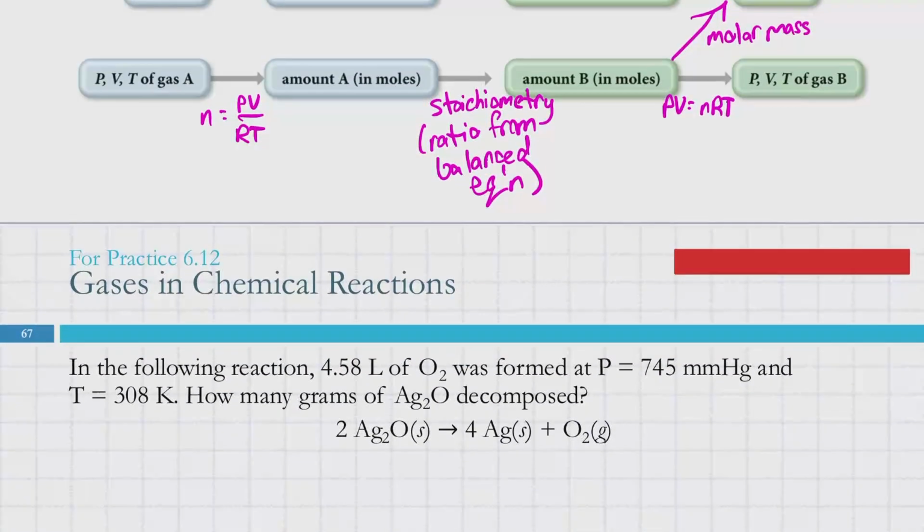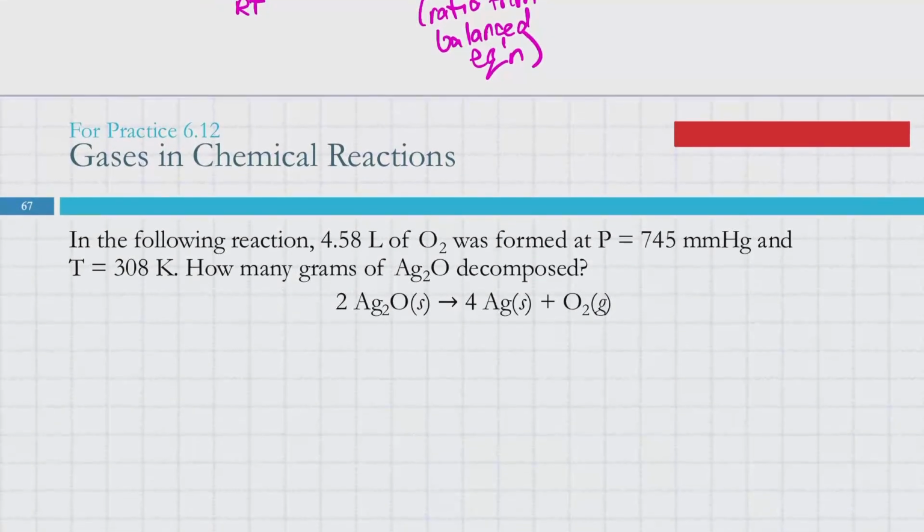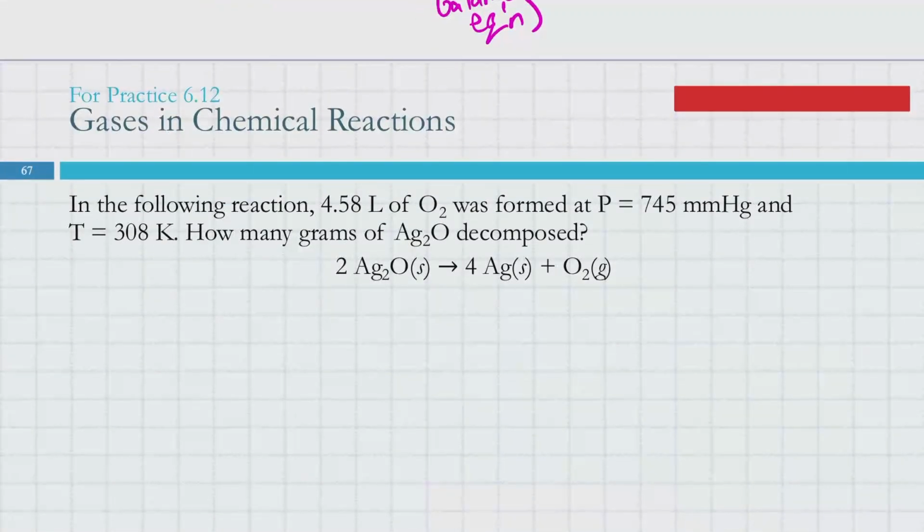Let's see what this looks like in action. In the following reaction, 4.58 liters of O2 was formed at a given pressure and temperature. We want to know how many grams of silver oxide decomposed.